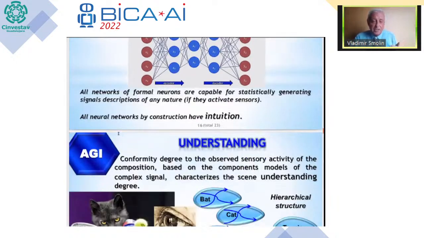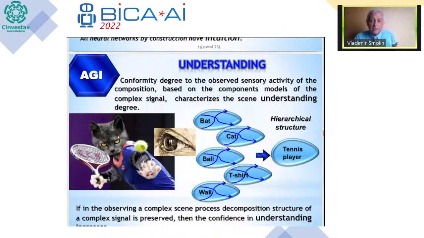It's like thinking, or the other term, understanding. If we make a decomposition of some picture into its components, we're not only sure that we understand this picture, but if we look at this picture from different ways and the structure of our decomposition remains the same, then we think that we understand what we are seeing.